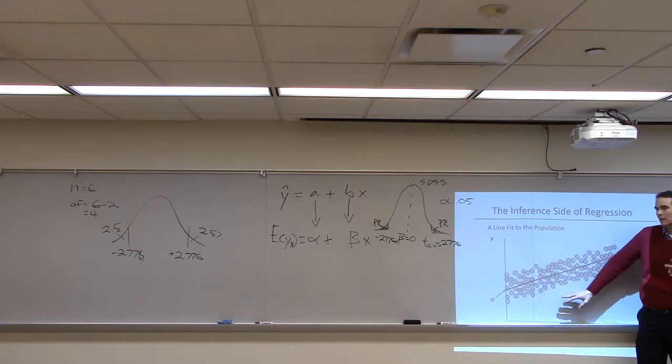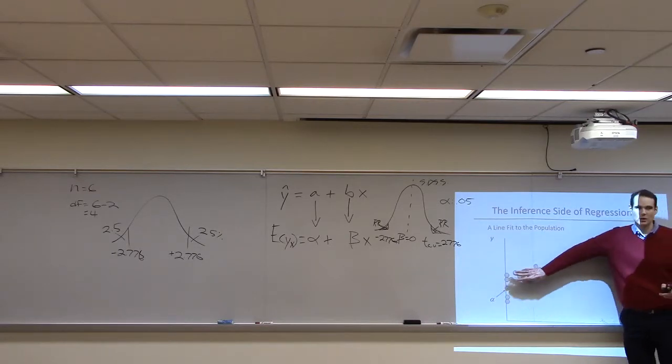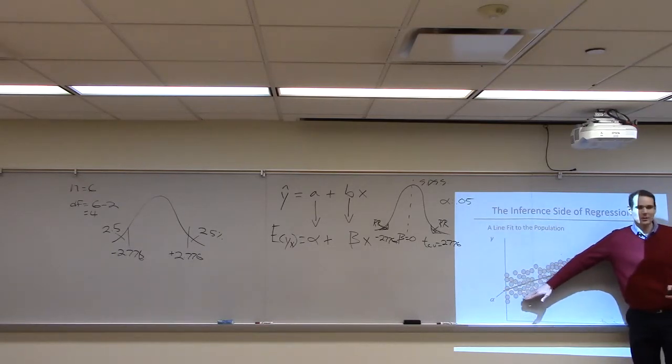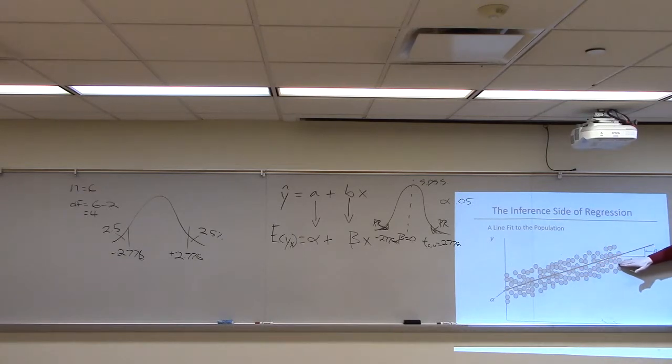Are you with me there? But here's the thing, can you clearly say that there is a trend, that the line of best fit is upward sloping? Can you clearly say that it is not zero? Yes. So that is a statistically significant relationship.